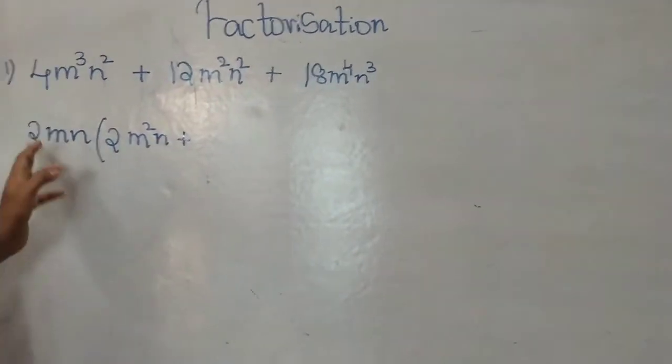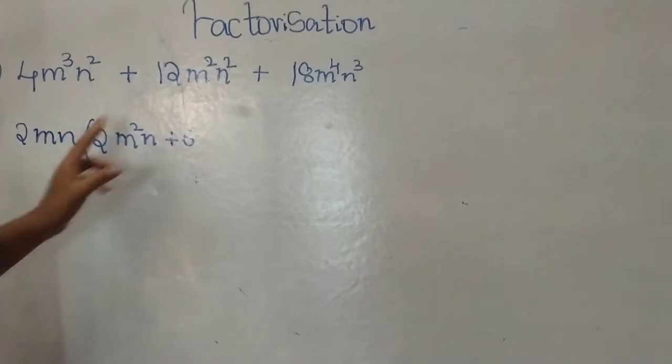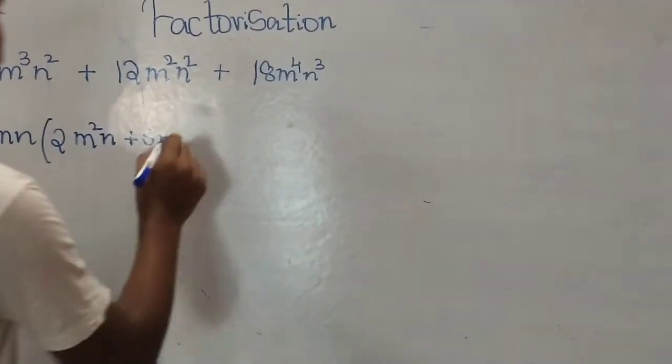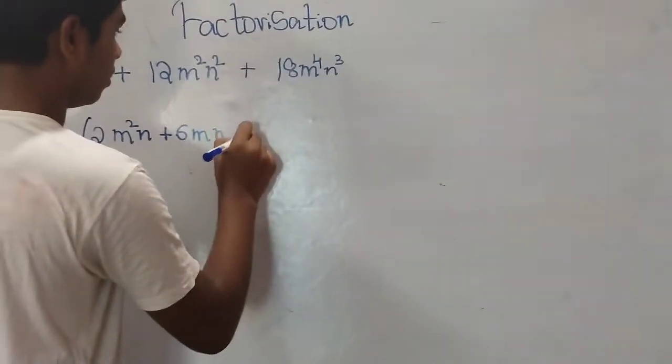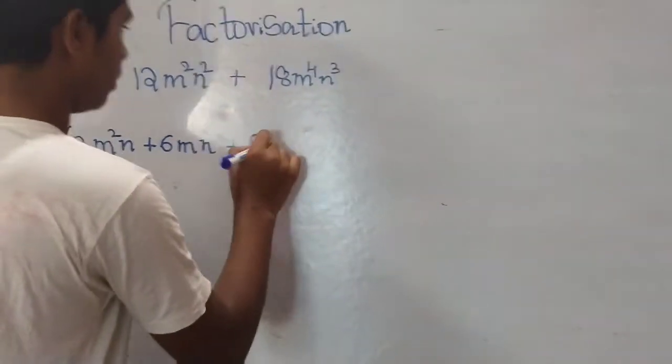Plus 2 6 2 1. Now m into m is m square, m, n into n is n square, n, plus 2 into 9 is 18.